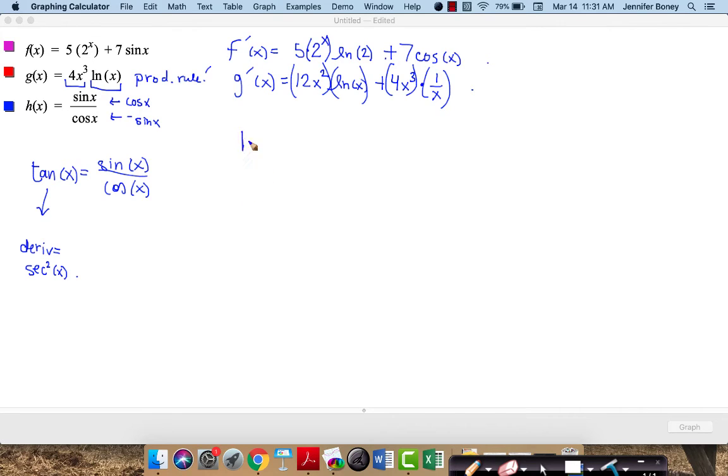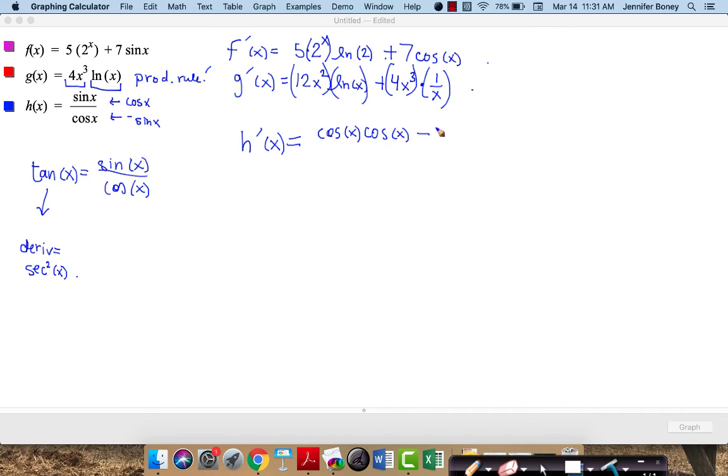If I want to find h prime of x just from that form, I'll say, all right, the derivative of the numerator comes first. Cosine of x times the original denominator, cosine of x, minus, other way around, the derivative of the denominator, negative sine of x, times the original numerator, which is sine of x.